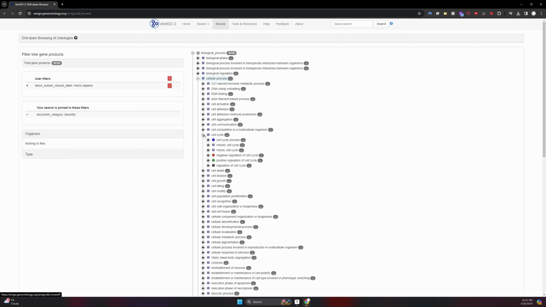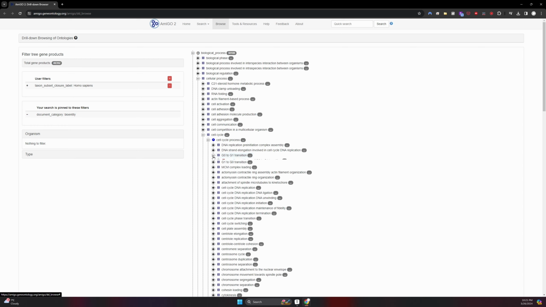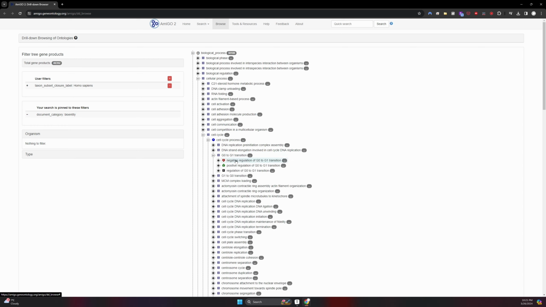If we open cell cycle, here's the cell cycle process, the mitotic cell cycle process, and if you open them further, there will be all these terms related to the cell cycle process. For example, the G0 to G1 transition, and then there's negative regulation, positive regulation, or just regulation, where we don't know if it's positive or negative.